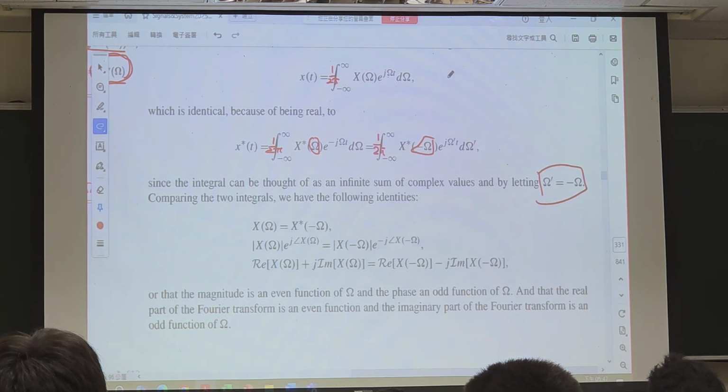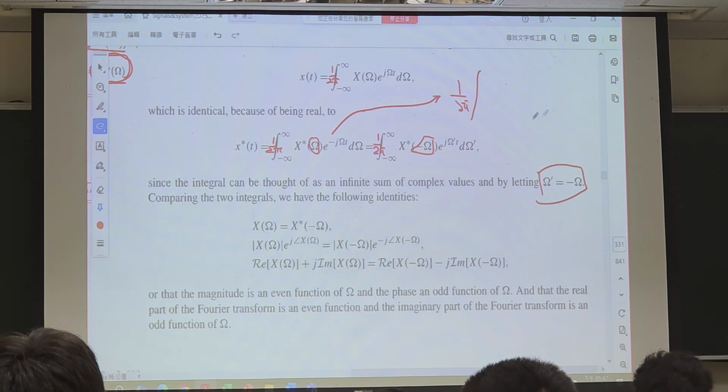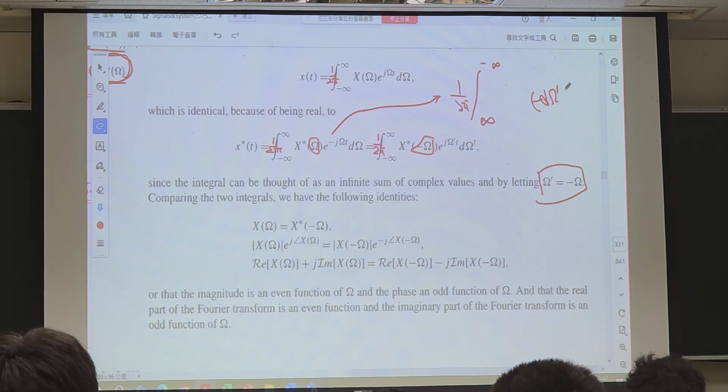Then in this case, originally I go to here, multiplied by 1 over 2 pi. Then I have to change the lower limit and upper limit, so this becomes negative omega, and this becomes negative omega. But in the meantime, the d omega becomes negative d omega prime. Okay, that's something I missed last time.